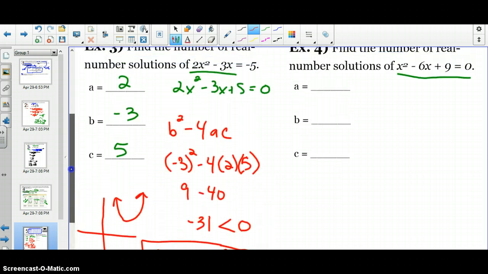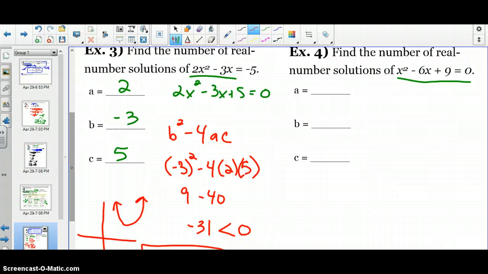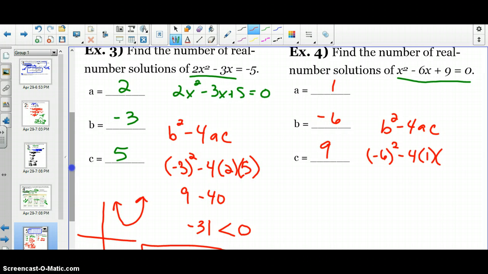Okay, let's look at the other scenario. A is 1, B is negative 6, C is 9. Your discriminant is b squared minus 4ac. So let's plug everything in. We've got negative 6 squared minus 4 times 1 times 9. So it's going to give us 36 minus 36, which ends up with 0.